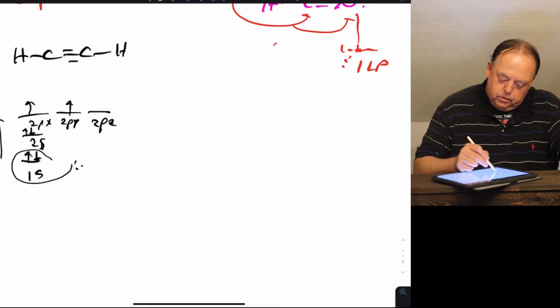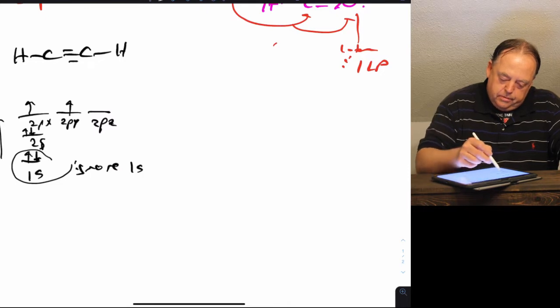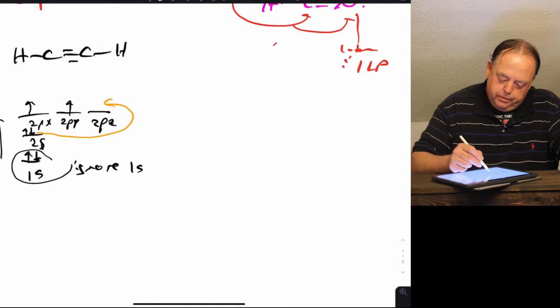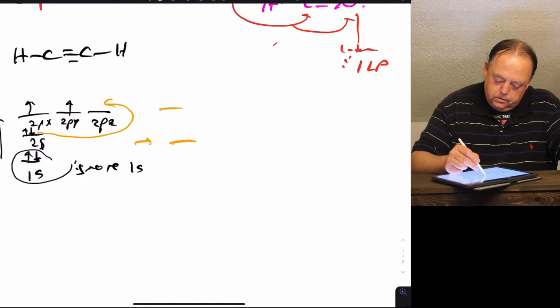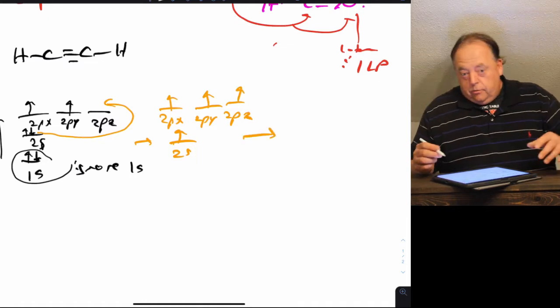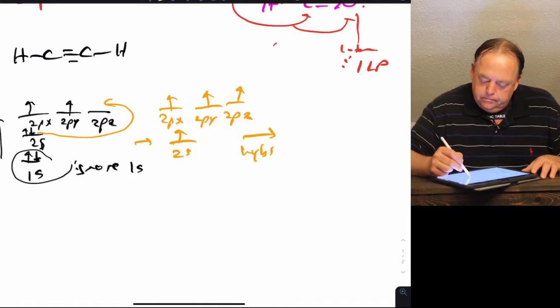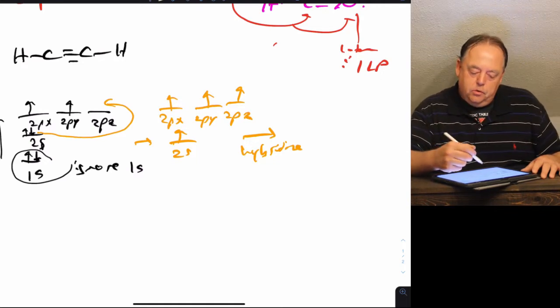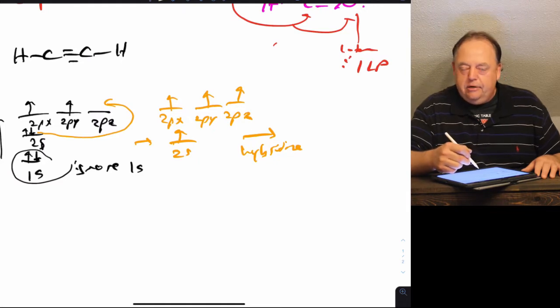We're going to ignore the 1s, and we're going to promote an electron from the 2s to the 2p. And then we're going to hybridize. Since it's only sp hybridized, we're going to take the s orbital and only one of the p orbitals. It doesn't matter which one you pick because they're all three equal in energy.